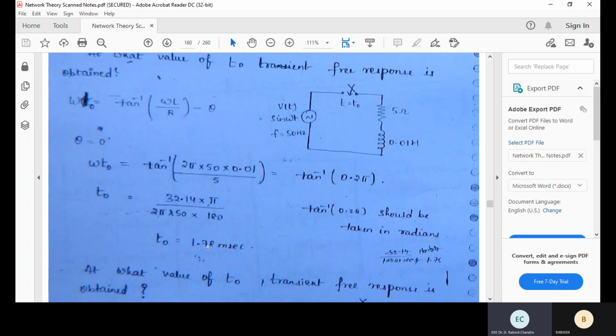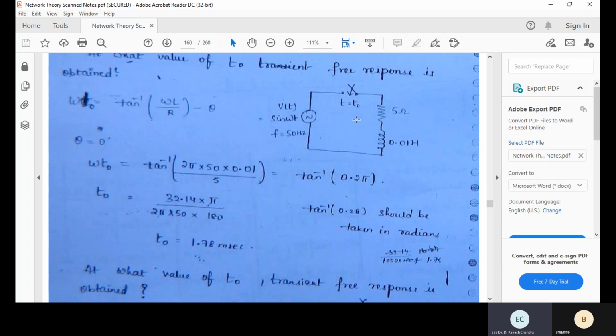What do you mean by t naught equal to 1.78 milliseconds? That means if you switch on the supply at 1.78 milliseconds, there won't be transients in the system.